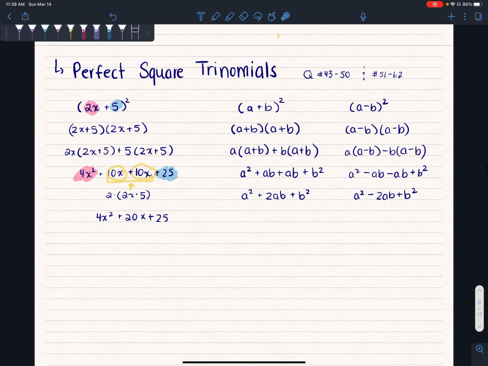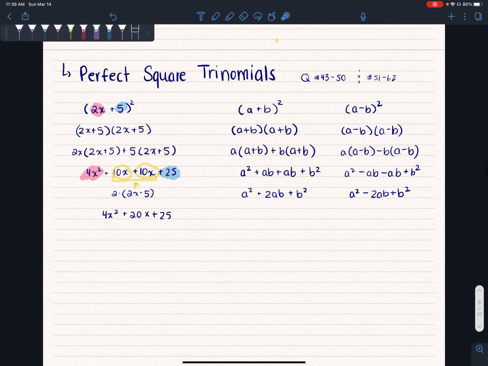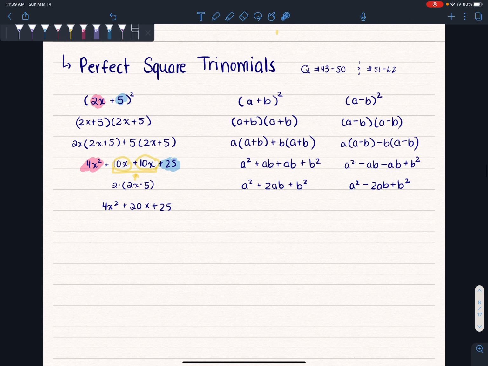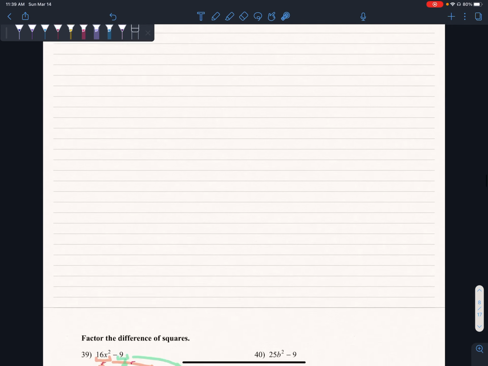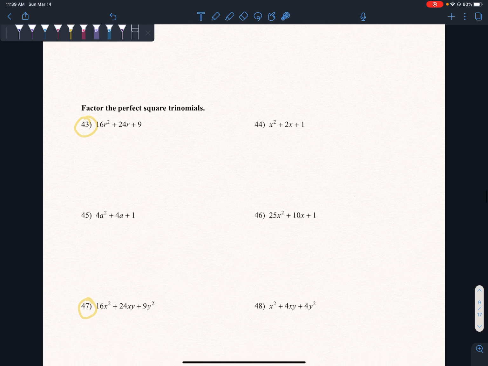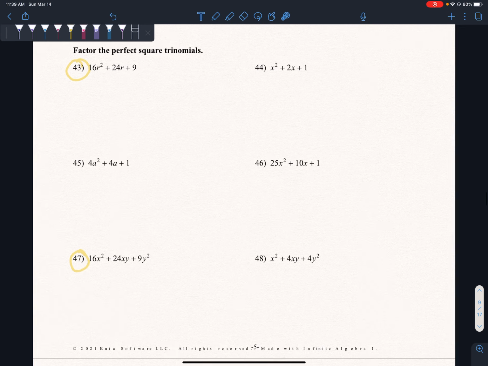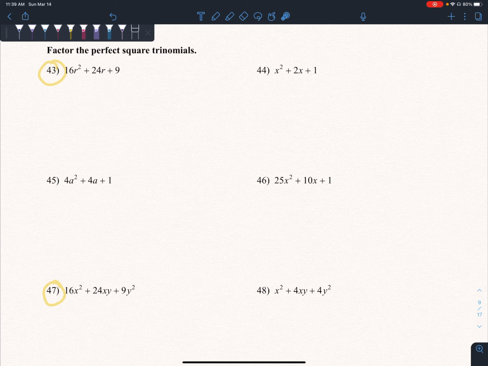So when we're going backwards from something like this, again, you can use product and sum to do it. But if you get very good at recognizing these, and in the questions here, we're going to look at these two that I circled. Because I'm telling you that they're perfect square trinomials, you can use the shortcut method. All you have to do is figure out what are the two things that are in the binomial that got squared.